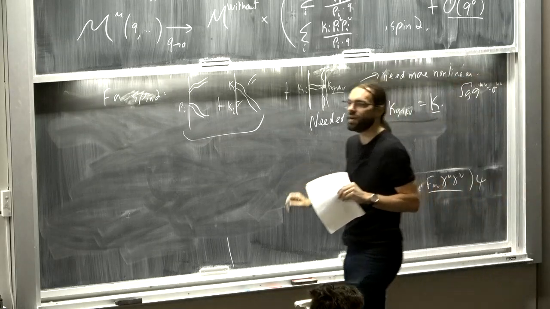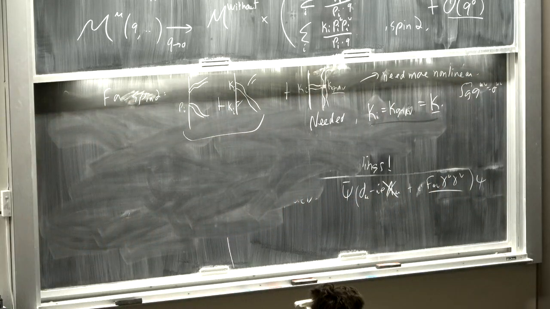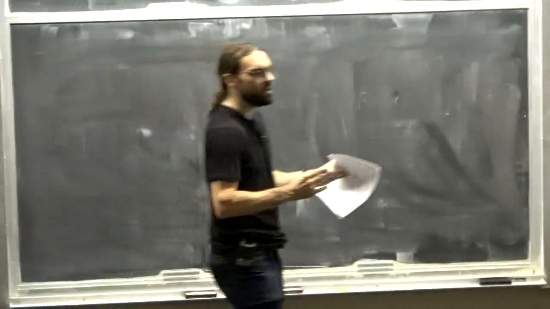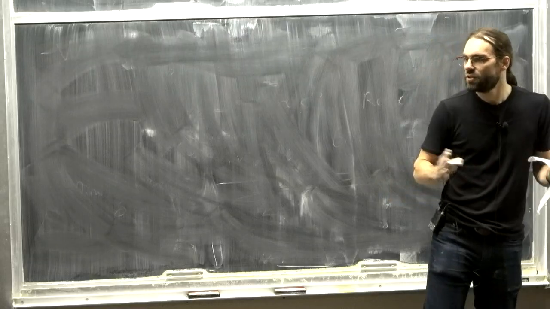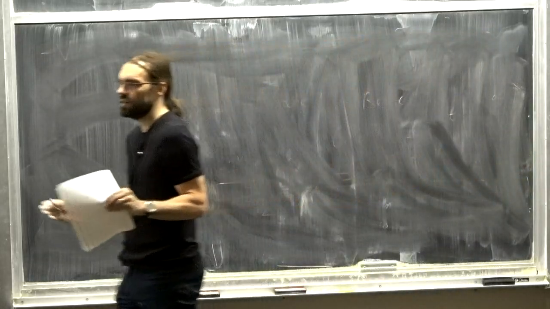There are papers by Grant Remmen and Clifford Cheung on this recently. You can read on it. Whether you need infinitely many vertices or not is not an invariant statement.